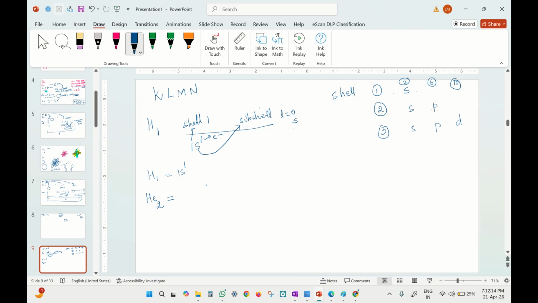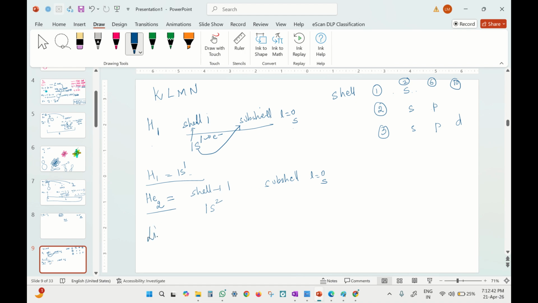In hydrogen, is S fully filled? So in helium, what will be the configuration? Can we say that both the electrons will be given in shell number 1 in subshell labeled L is equal to 0 or S? So I'll call it as 1s2. Fine. Okay. Lithium, 3 electrons.